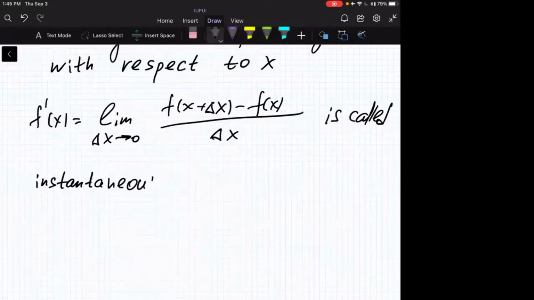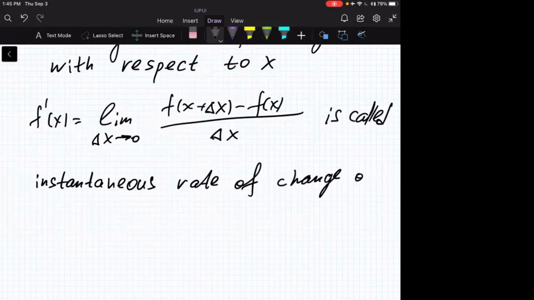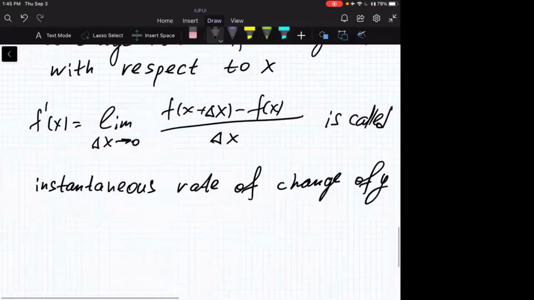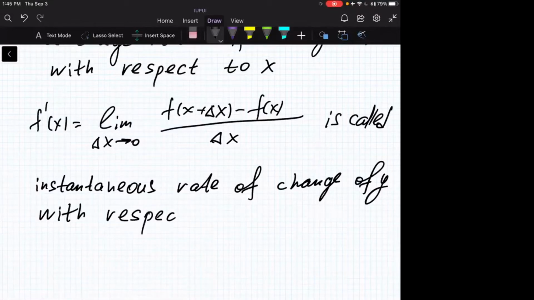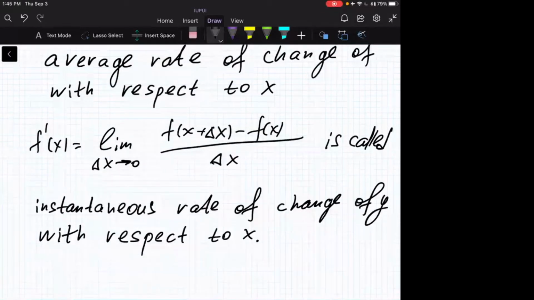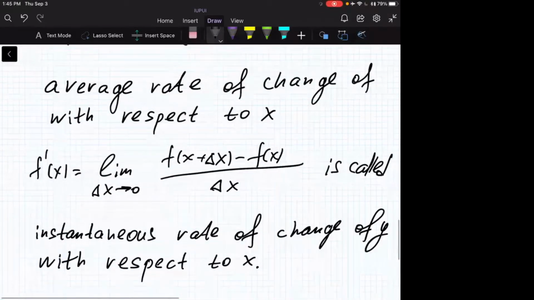Instantaneous rate of change, again, of y with respect to x. And maybe you have heard about that in physics.